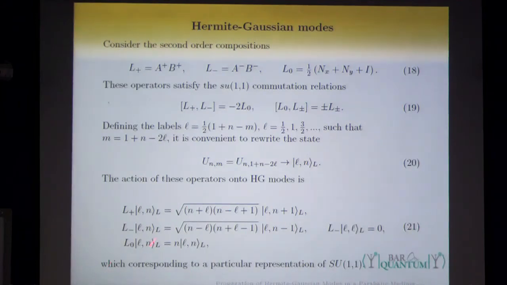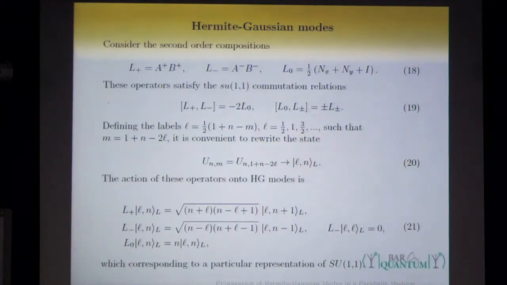Here we have the action of the operators L plus, L, and L minus onto the Hermite Gaussian beams labeled by these labels. And we can find that this is the representation of the SU(1,1) group.